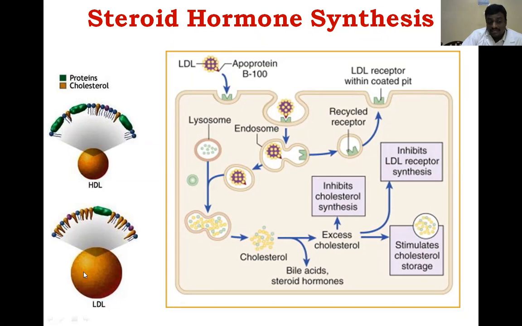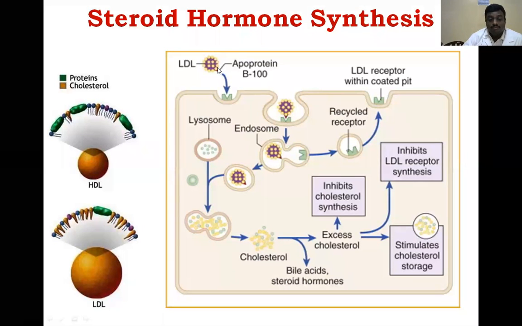LDL is a ball-like substance. The outer part contains ApoB100 and also some phospholipids. Inside it has cholesterol esters, phospholipids, and triglycerides. These are all packed inside the LDL particle, which is then transported in the blood from one place to another.